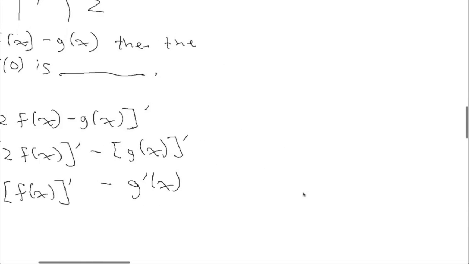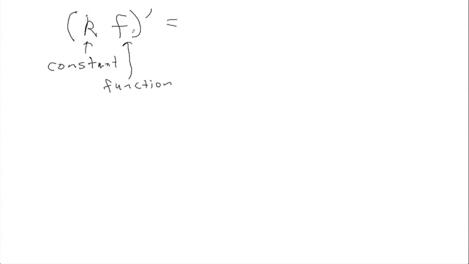That's a rule that we haven't really had to talk about explicitly in the past, but the rule is, if you have a constant times a function, you can just pull the constant out of the derivative, so to speak.